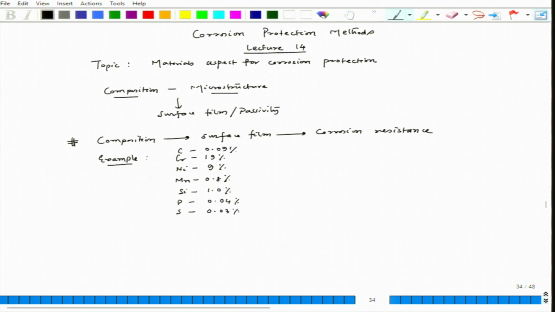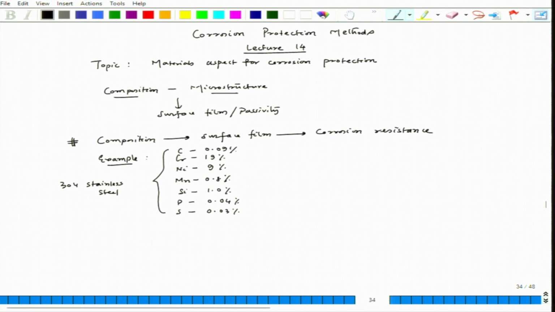So, this is the typical composition of 304 stainless steel. So, the stability of the surface film would vary because of changes in all those compositions, all those alloying elements.